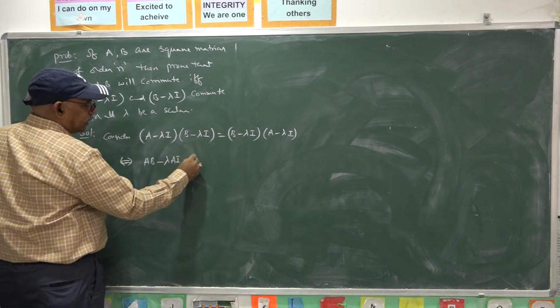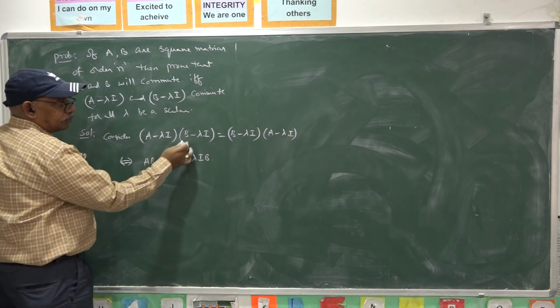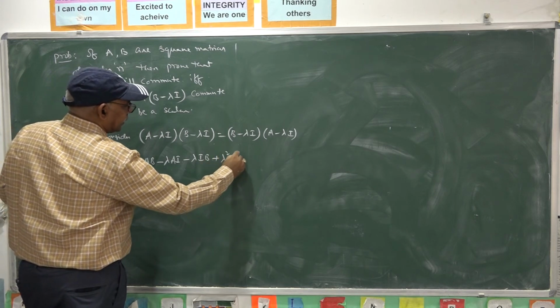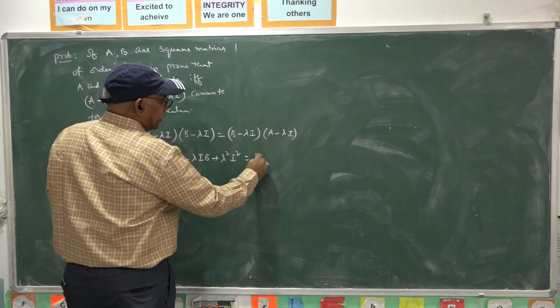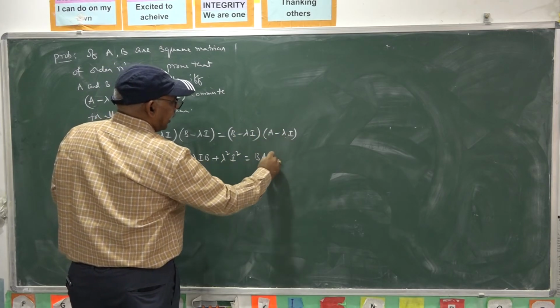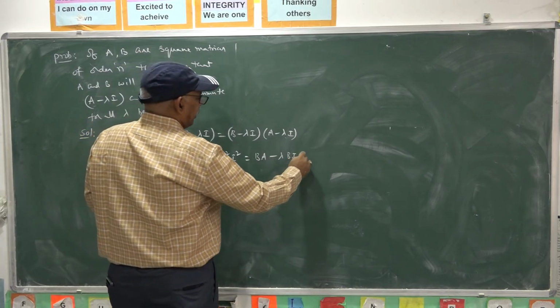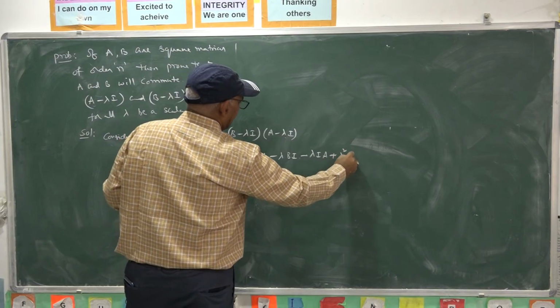Similarly, minus lambda IB. Maintain the order, I into B. Plus lambda square I square. That is equal to B into A minus lambda into B into I minus lambda into I into A plus lambda square I square.